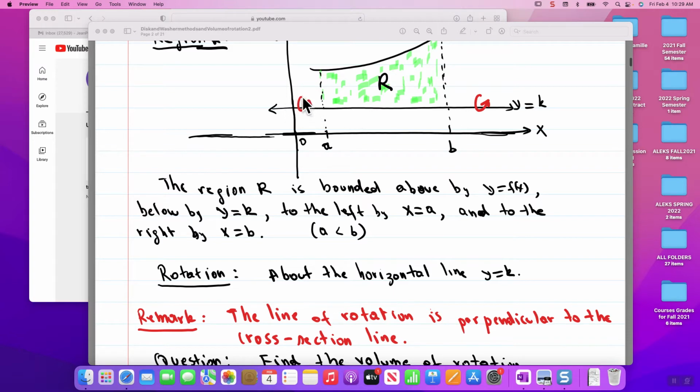So we put those curved arrows to show the rotation. That's where we're going to revolve this region 360 degrees with respect to this horizontal line y equals k. As you can see, the region starts at x equals a and ends at x equals b.